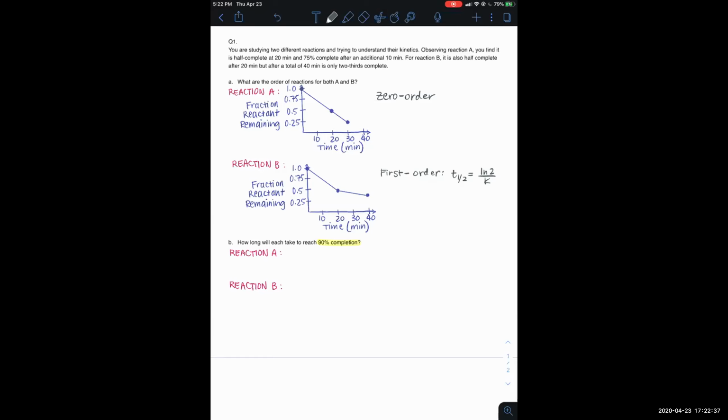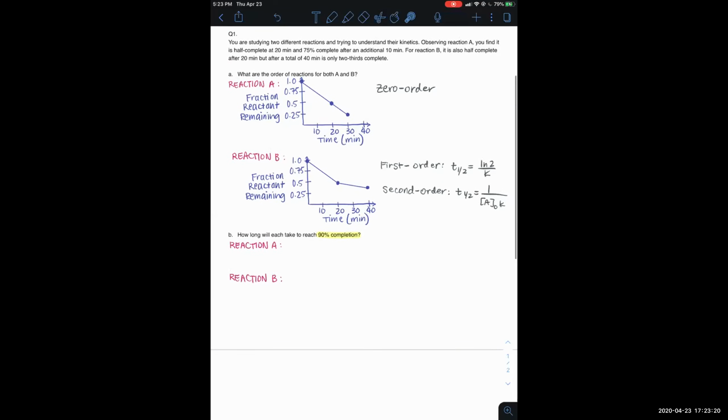So for second-order reactions, the half-life is given by this equation. And from this equation, you can see that half-life is dependent on the concentration of reactant present for second-order reactions, and half-life is inversely proportional to the reactant concentration, which means that half-life becomes longer when the initial reactant concentration decreases.